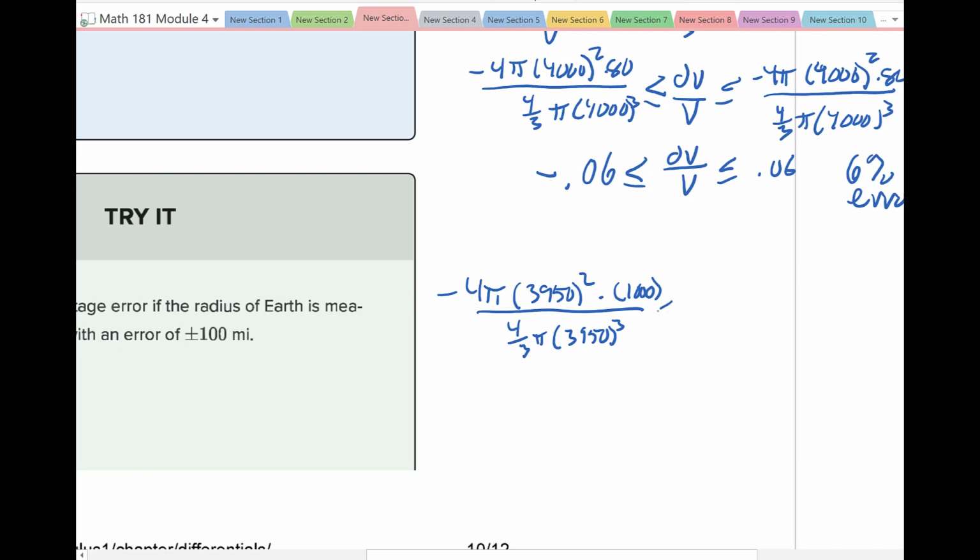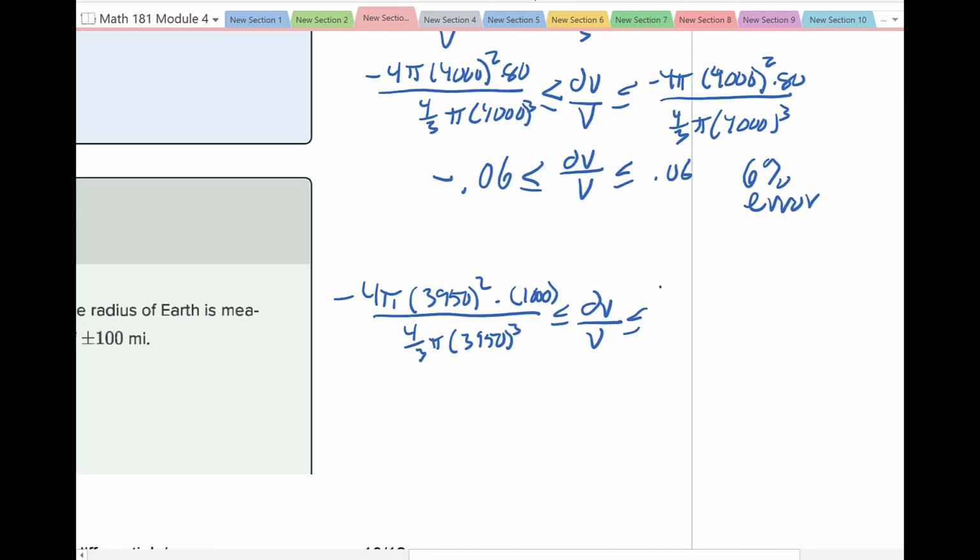is less than or equal to dV over V, less than or equal to 4 pi times 3950 squared times 100 over 4/3 pi times 3950 cubed.